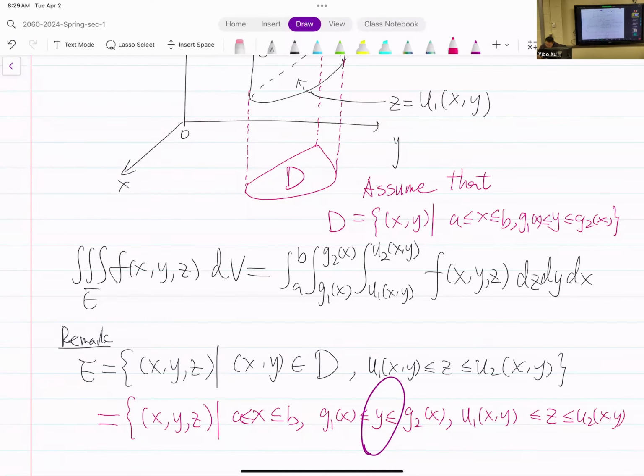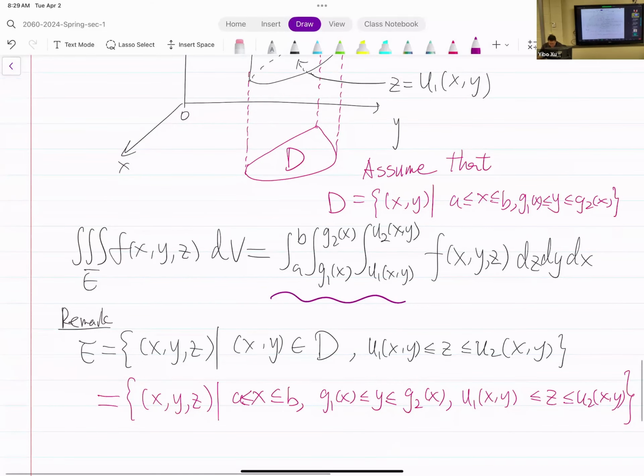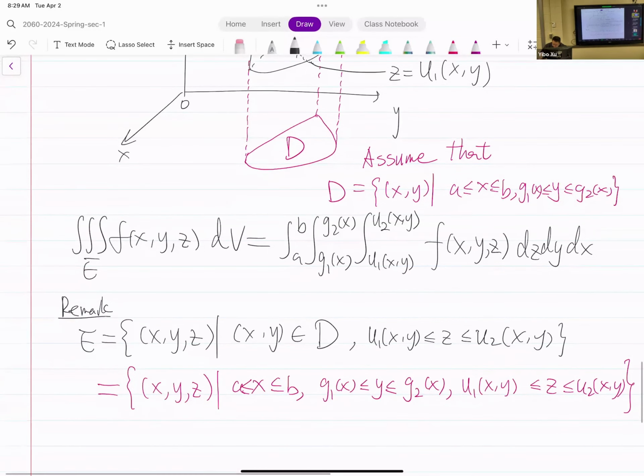You can see this is indeed a long description as a set, but it is exactly following the description for the triple integral right above. So basically, if you can write down the triple integral, you can definitely write down the description of the solid, and vice versa. It's the same thing. So far, so good.